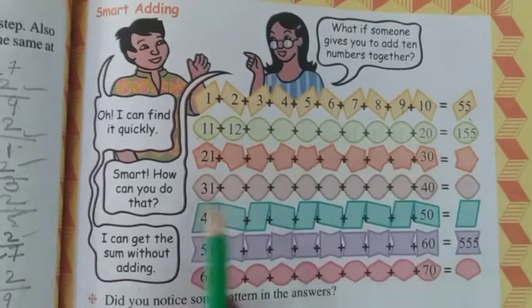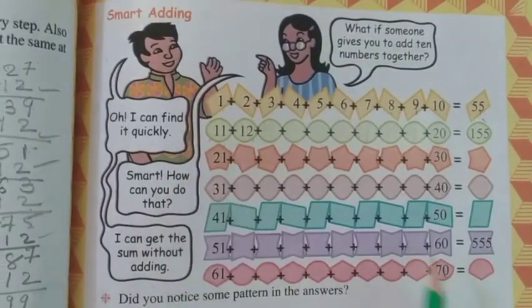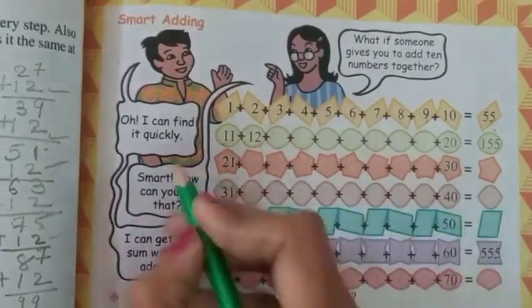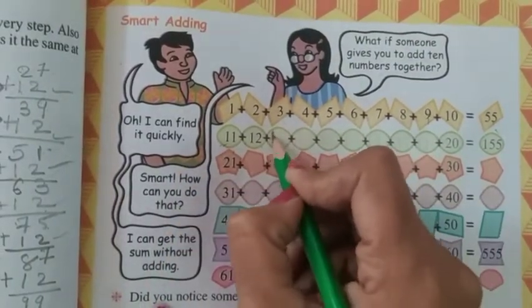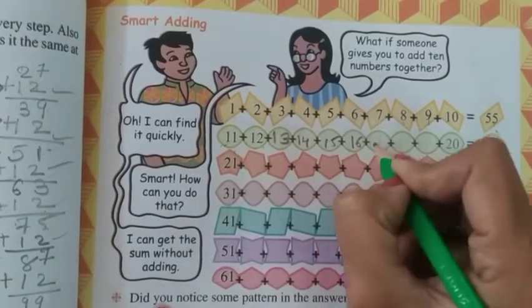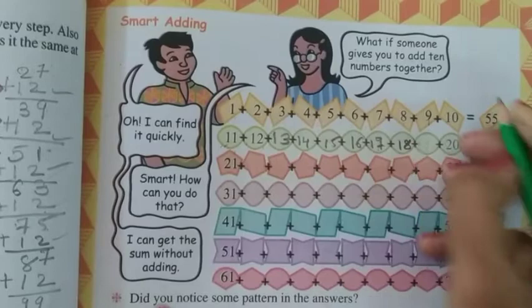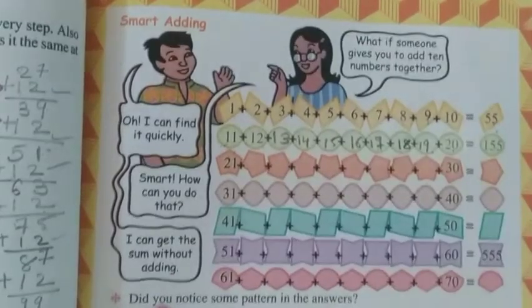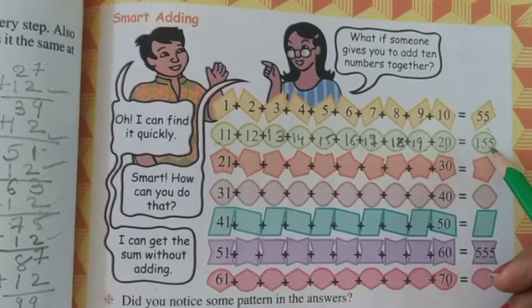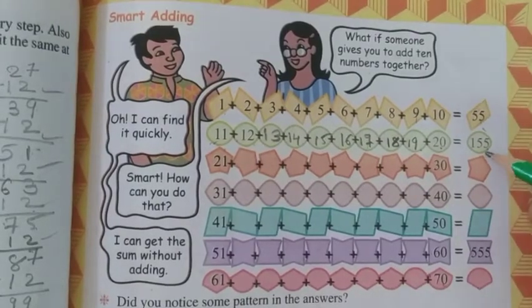Next total 11 to 20. Here you have to write it yourself. 1 to 70. That you write it yourself. Let me explain one row. 12. Then 13, 14, 15, 16, 17, 18, 19 and 20. And total is given 155. 55, 155.